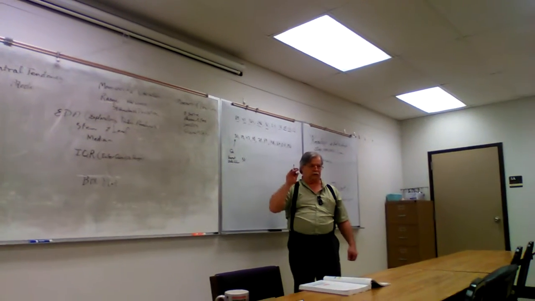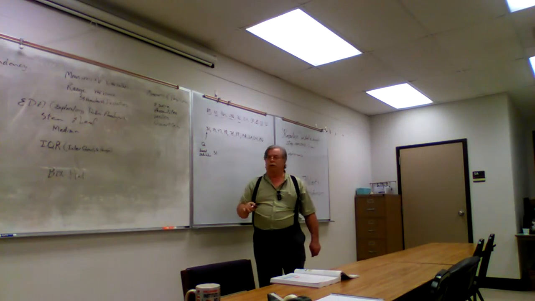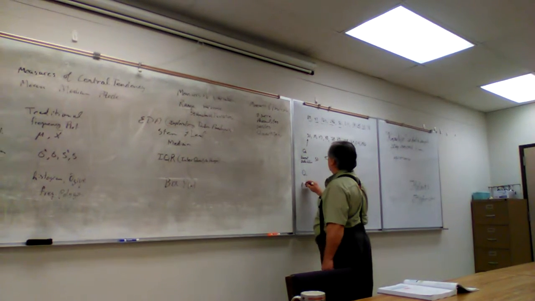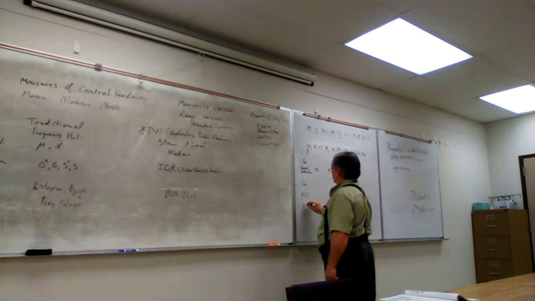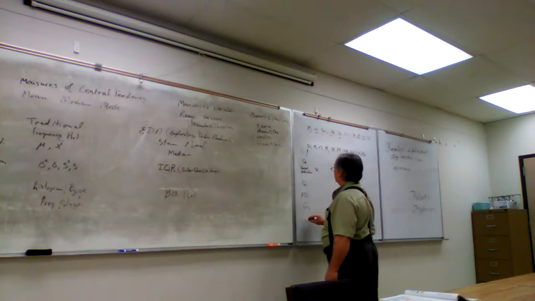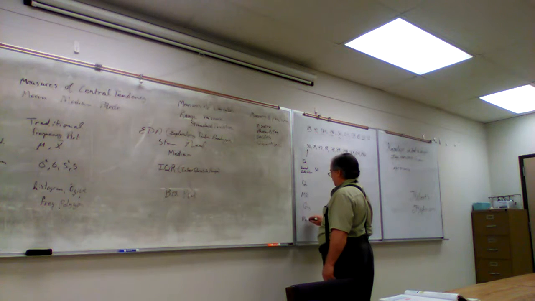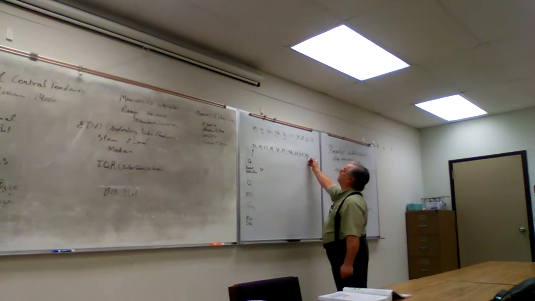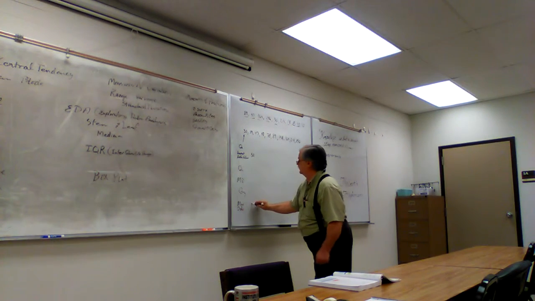We're looking for 5 numbers now. We are also going to want Q1, median, Q3, and Q4, the max data value. Well, we can find the max data value right now. It's 296.